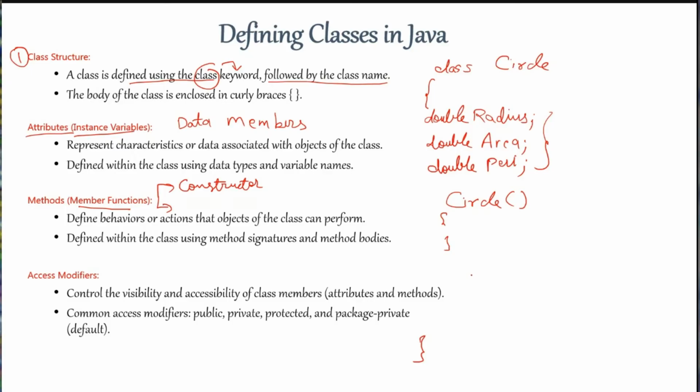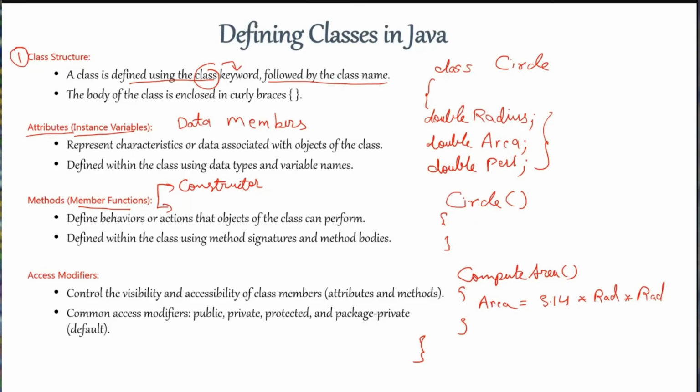One different method you can write here is compute area. So here again you have to define the body. And how can you compute the area? All of you know that area will be equal to what? This is not the actual code, I'm just writing raw code. Area is equal to 3.14, which is pi, into radius, and again into radius.